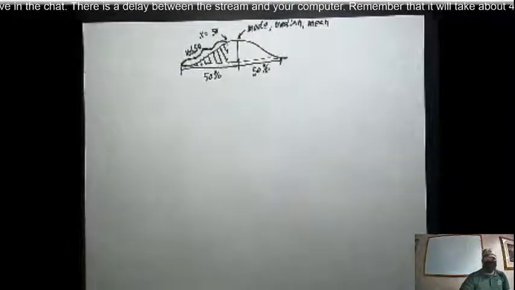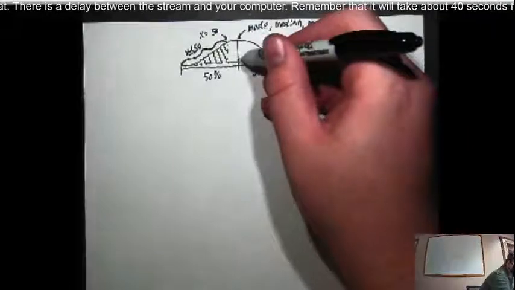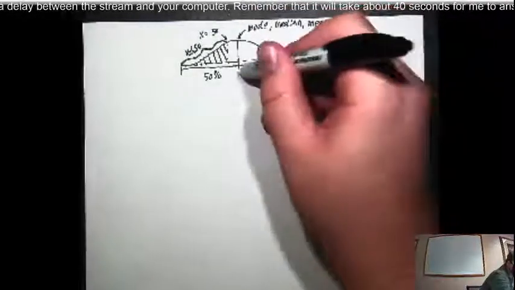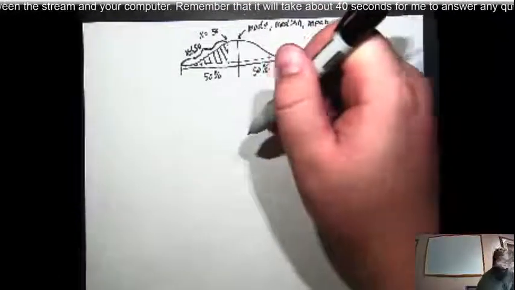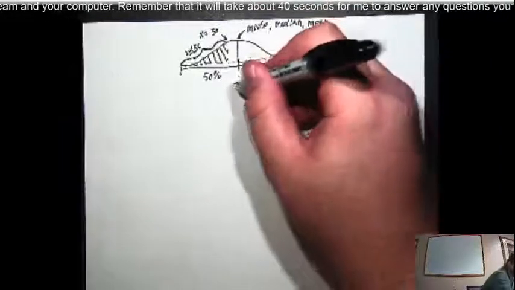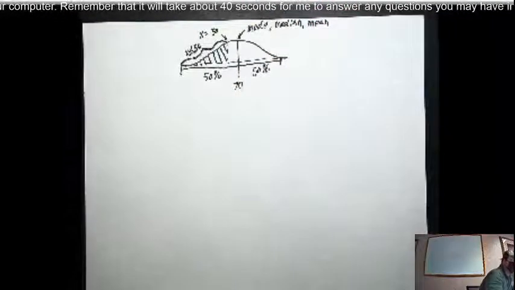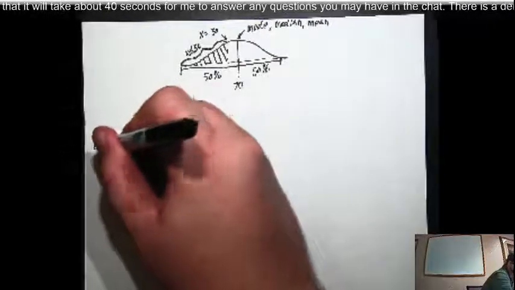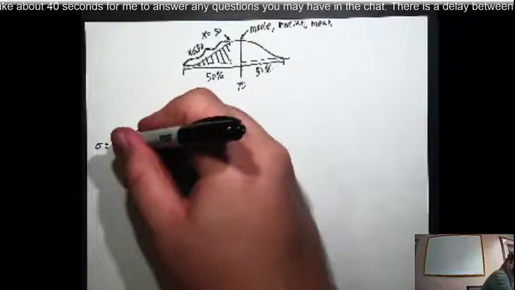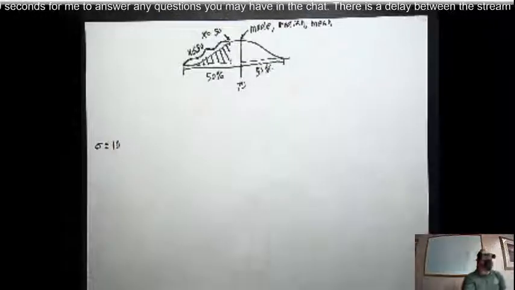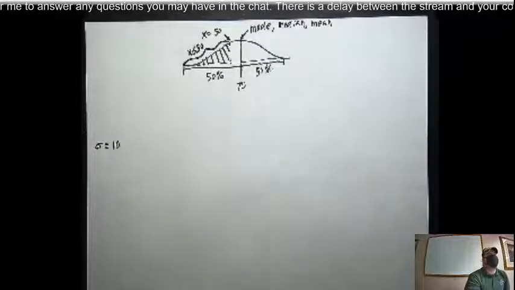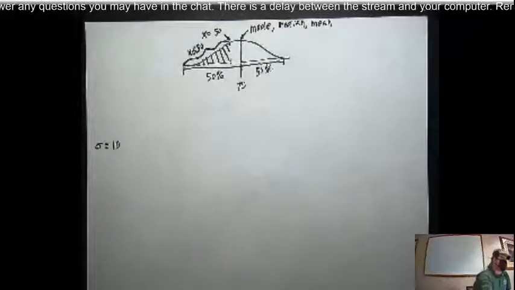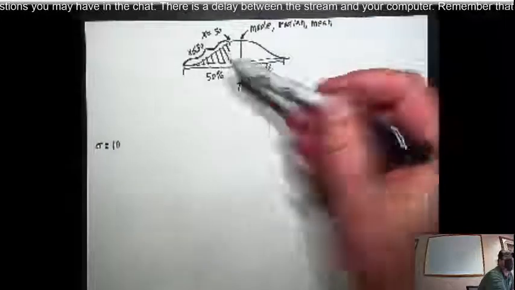Now let's put some more information in here. Maybe we know our mean, and our mean is 70 with a standard deviation of 10. So what we want to know using this information is how much of our data actually is right here.